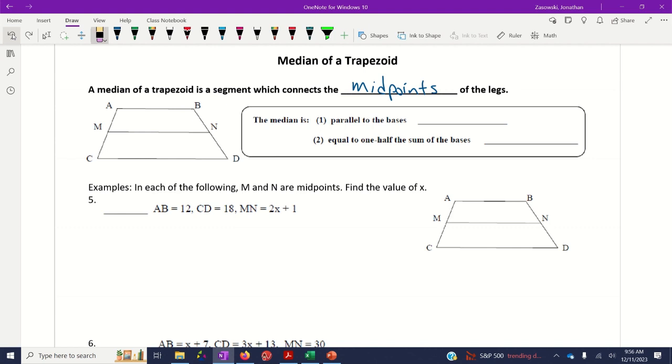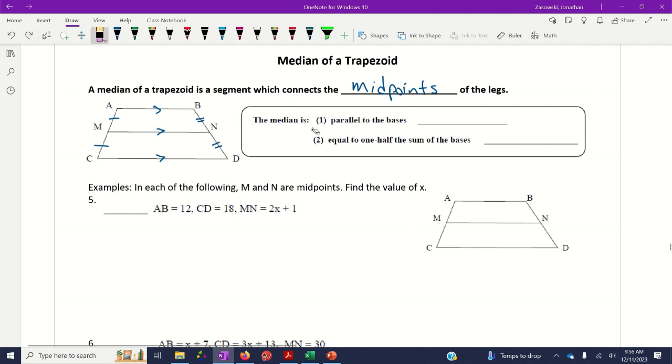And oftentimes it'll either say that those points are midpoints, or they'll tell you that these two pieces, AM and MC, are equal, BN and ND are equal. And then we also know that these lines, AB, MN, and CD have to be parallel. So if we know our mid-segment, we know two things, okay?